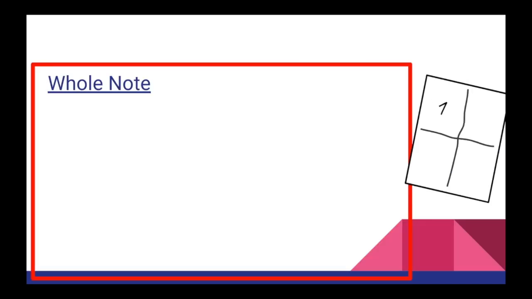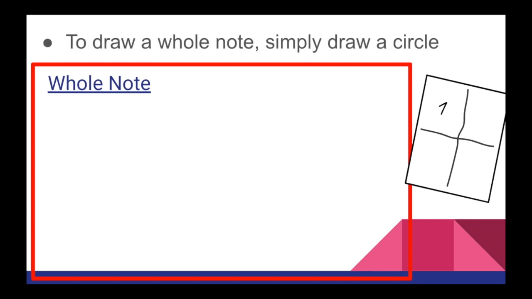Okay, now in the top left corner where you see the number 1 in the model there, we're going to write the words whole note. To draw a whole note, simply draw a circle. So draw a circle in that rectangle on your paper.